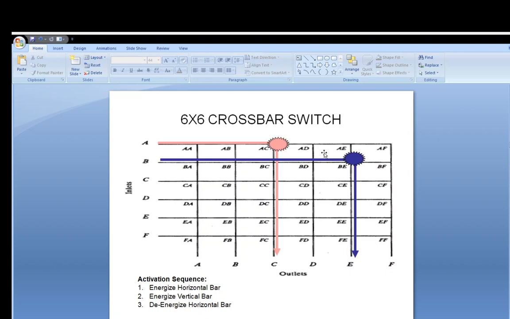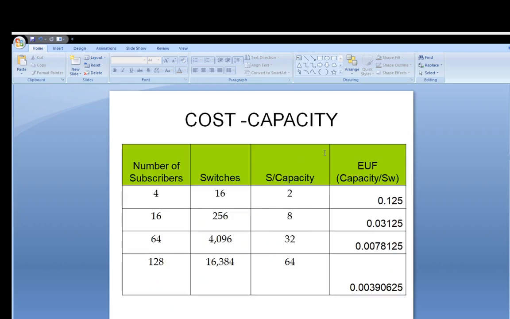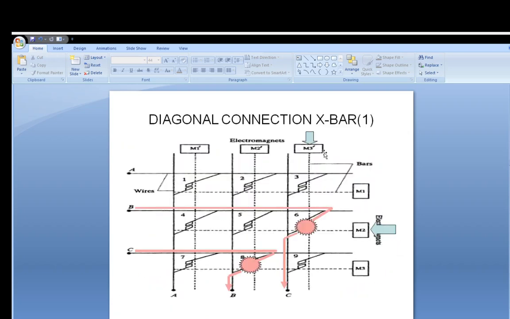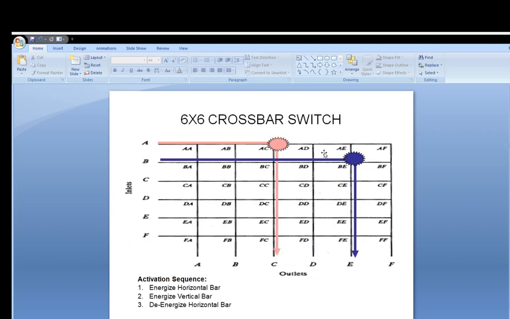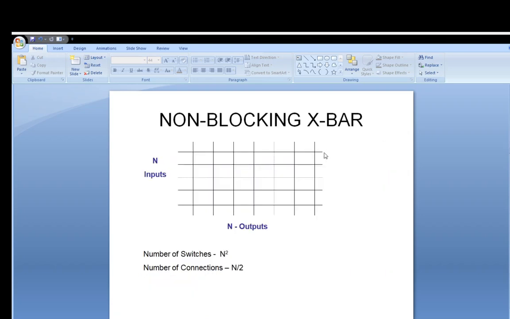Now come to the next limitation and its remedy, or we can say how we can remove it. Let's discuss. This type of switching system is actually called non-blocking, meaning all possible connections are available, so there is no possibility of call blocking. That's why it is called non-blocking crossbar switching.